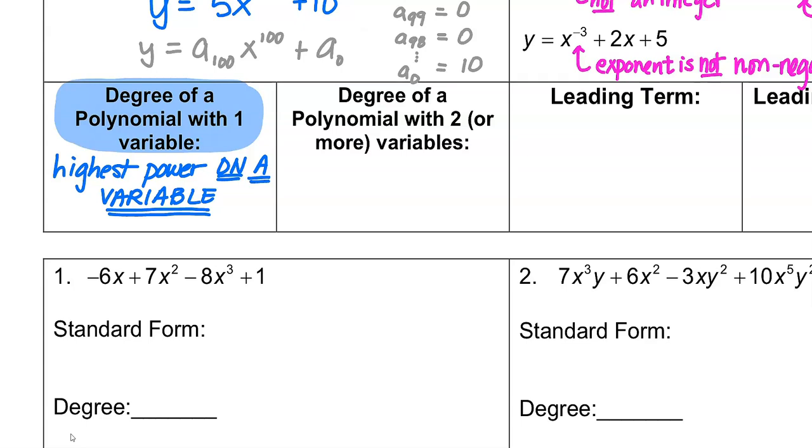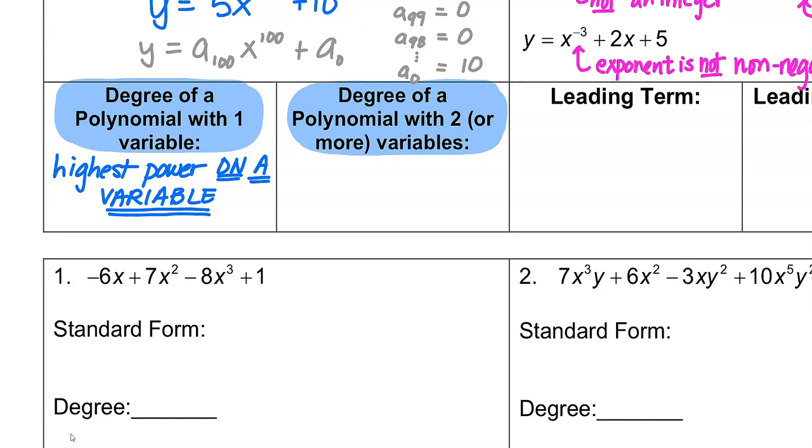The degree of a polynomial with two or more variables. If it's in one variable, you just look for the highest power on a variable. But if it's two or more variables, meaning it has an x and a y. So the first one only has x's, right? Now the second one has x's and y's.